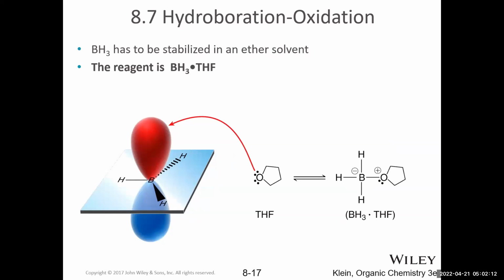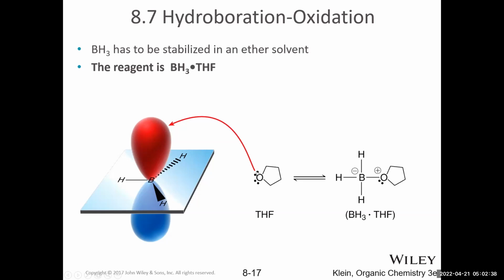Because the boron does not have an octet, it is reactive and it needs to be stabilized. So it is typically stabilized in a solvent, such as an ether solvent like THF, which again stands for tetrahydrofuran. Ethers are perfect to stabilize borane because the oxygen has a lone pair.